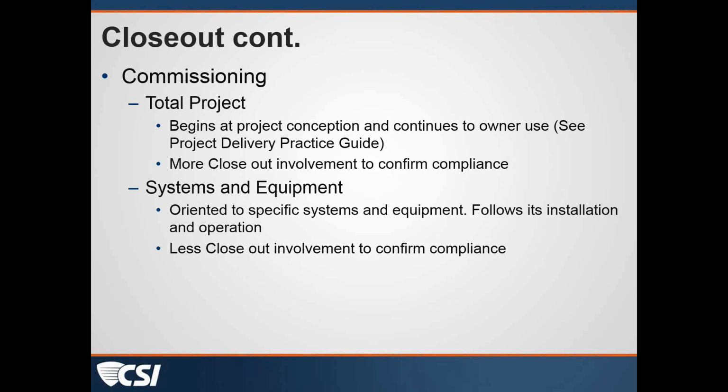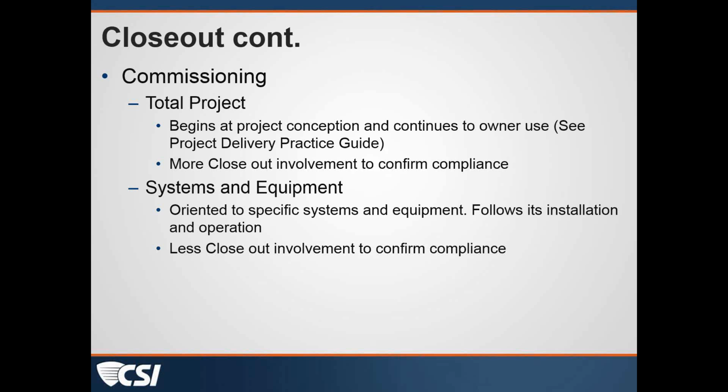In the practice guide, there actually is a diagram that shows the commissioning process. We didn't put that here on the screen, but you certainly can take a look at it there in the practice guide.